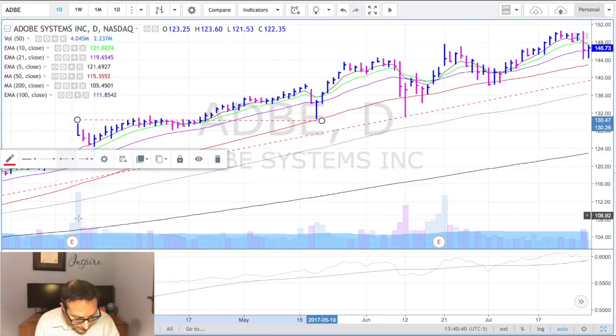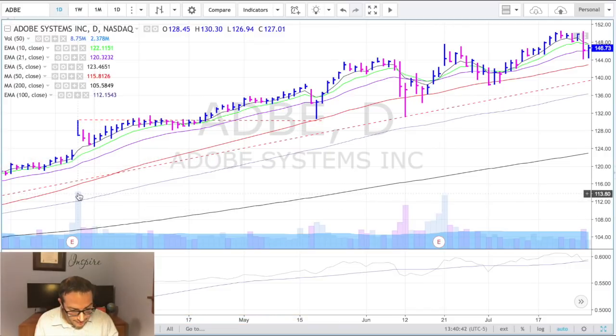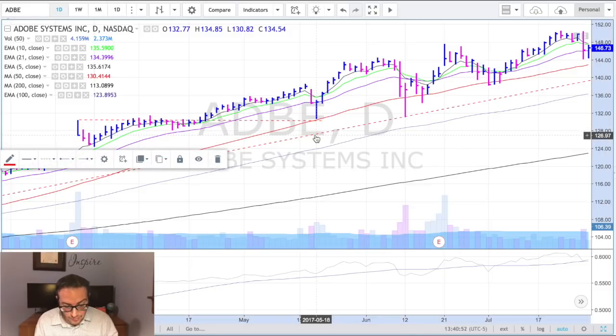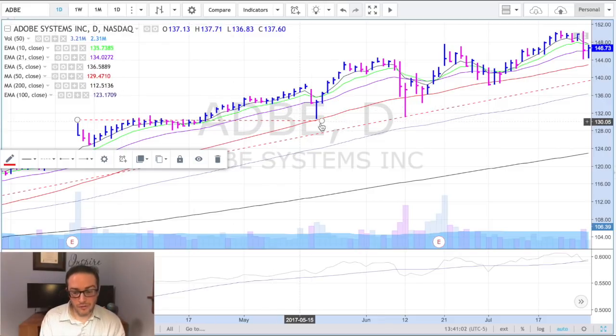And let's see, over here, the high of this day is $130.30. The low of this day, where it came down and tested the 50, was $130.82. So it came within about 50 cents of testing that former high. Okay, so that's going to be a good spot to raise a stop up to.